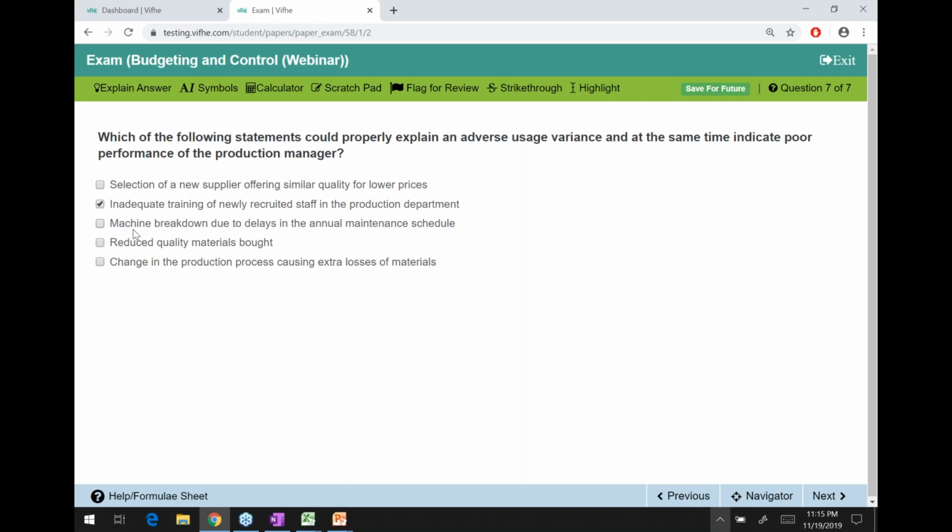But is this the responsibility of the production manager? Reduced quality materials bought. Is this the right answer? No, this is not the right answer. It relates to production. Change in production process causing extra losses of material. Is this the responsibility of the production manager? Yes.